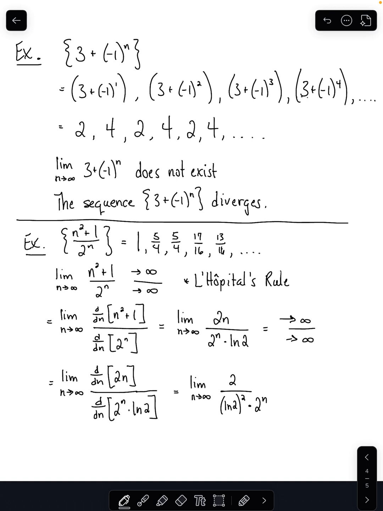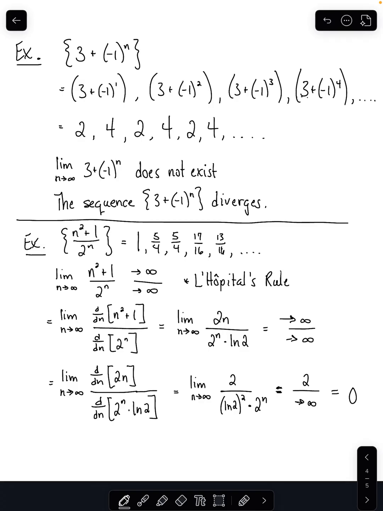Now, again, the natural log of 2 is a constant, so squaring it is also a constant, but 2 to the n in the denominator will continue to go to infinity. However, as we mentioned before, the 2 in the top will remain a 2. And this is now enough to say that the terms of this sequence do approach 0.